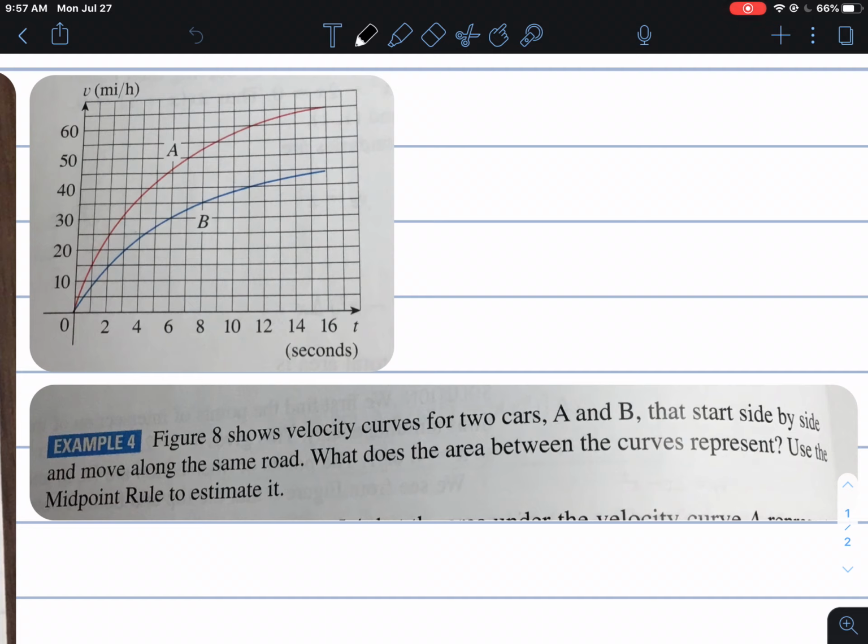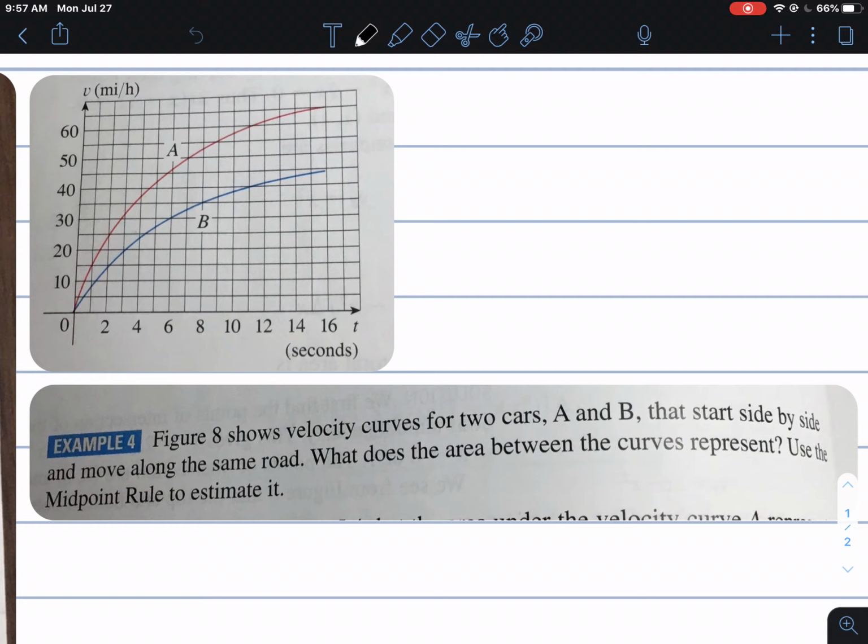representing, shows us the velocity curves for two cars, A and B, that start side by side and move along the same road. The question is, what does the area between the curves represent? And I'm not interested in the whole midpoint rule stuff, but simply what does the area between the curves represent?